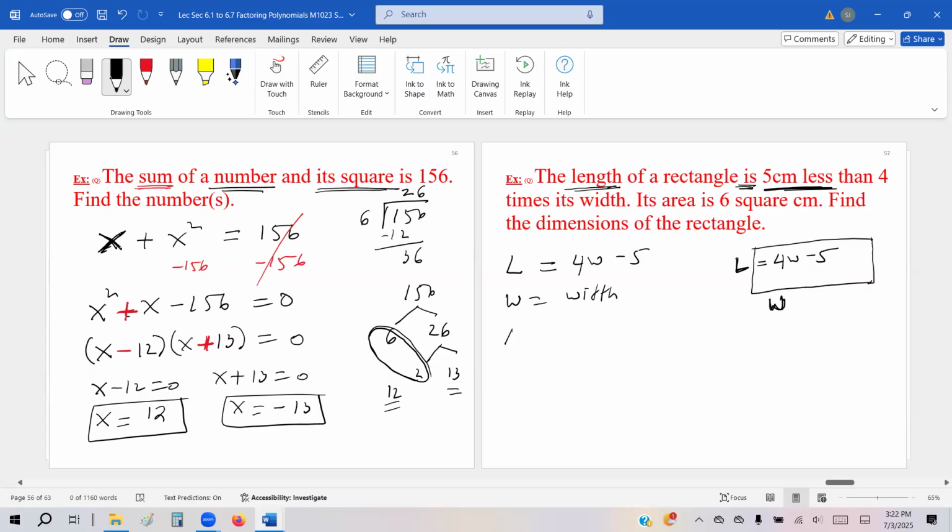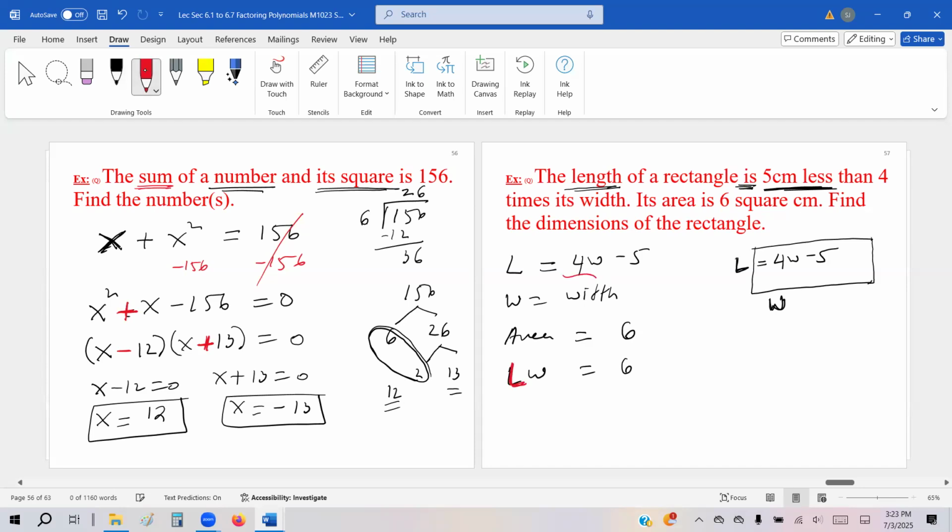They gave us the area. How much is the area? 6. How do you find the area of a rectangle? Length times width. So length times width is 6. But what is L in terms of width?